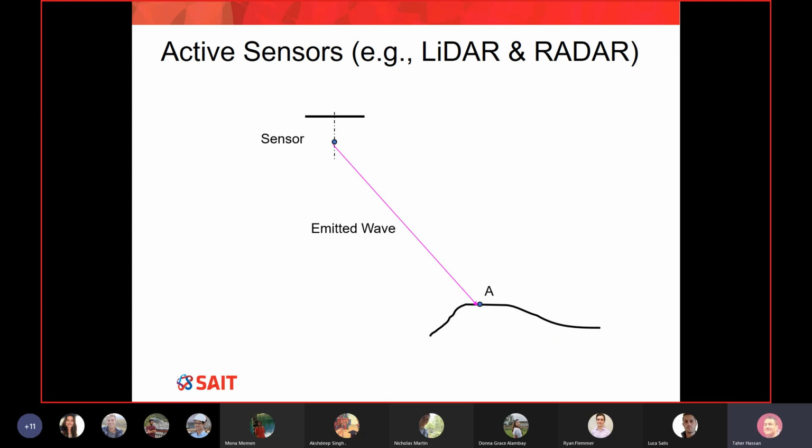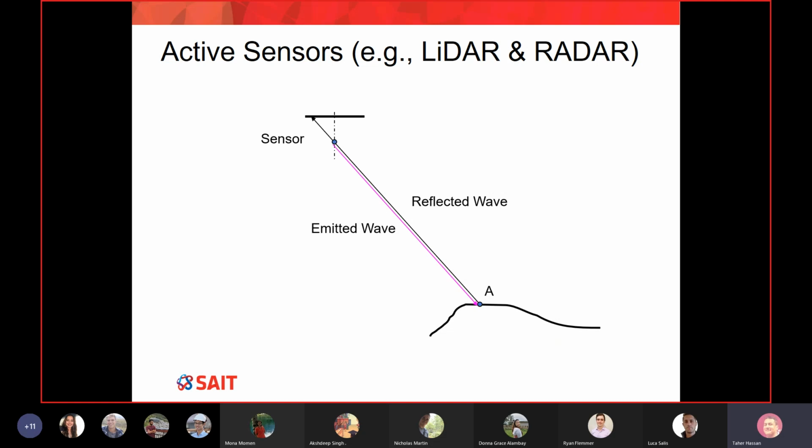It emits the energy towards the ground. The pulse will hit the ground and it will be reflected back to the sensor, where you can find the distance and you can find XYZ. And that's why radar and LiDAR systems or laser scanners are active sensors. What does it mean? It means they create their own wave and energy.